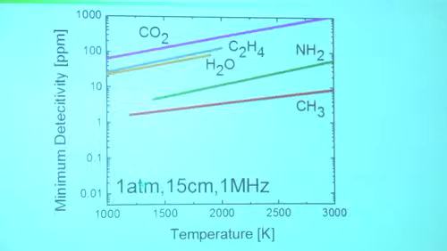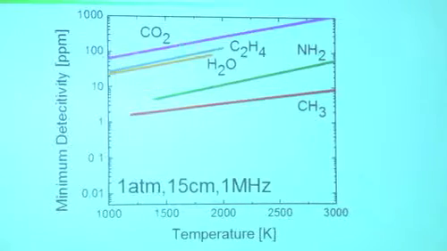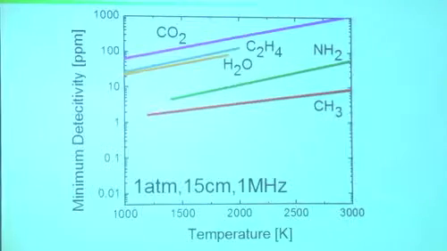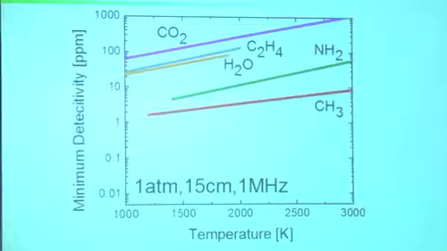This is for 1 atmosphere, a 15 centimeter diameter shock tube, and 1 megahertz bandwidth, which means we record with microsecond time resolution. For methyl in the combustion range, we're at a few ppm. CO2 is not quite so good, maybe 100 ppm. So the sensitivity depends upon the species.